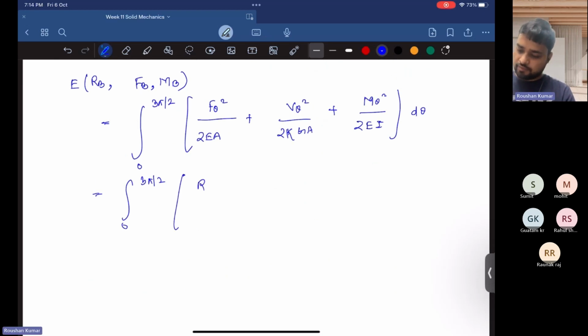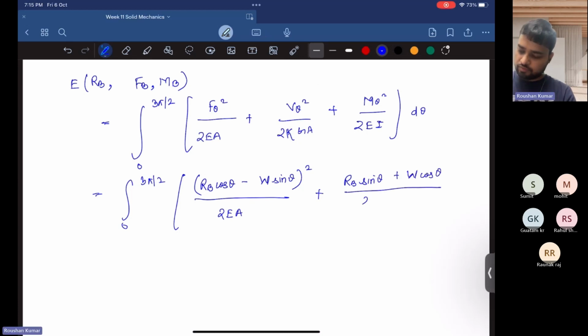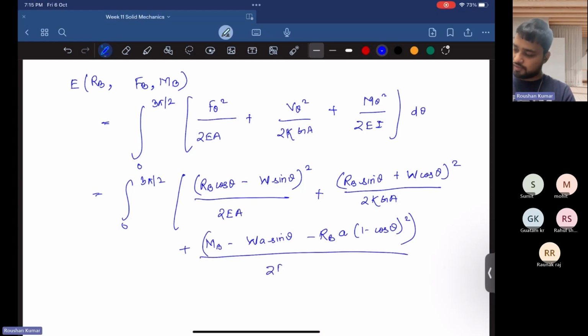So F theta is RB cos theta minus W sin theta whole square upon 2 EA plus RB sin theta plus W cos theta upon 2 kappa GA whole square plus MB minus WA sin theta minus RBA into 1 minus cos theta whole square upon 2 EI, A d theta.